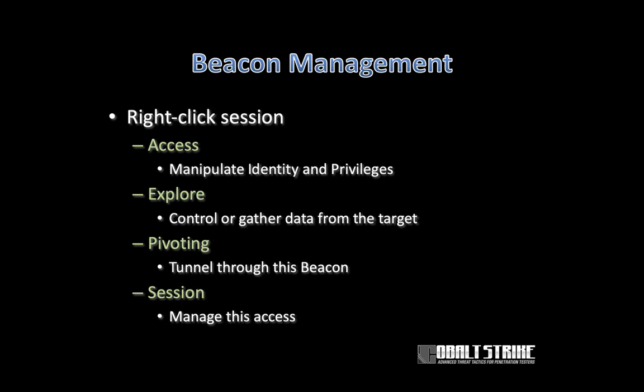Here is how it is organized. Access are options to manipulate your identity and privileges. Explore are tools to control the target or gather data from it. Pivoting are tools to tunnel data and tools through your beacon payload. And Session are options to manage this particular access.